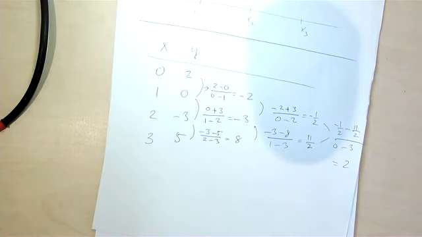Actually the process can be automatic. If you go to Moodle, there's a MATLAB function that allows you to compute this divided difference table very quickly. This one is the function that computes the divided difference table, and you can download these files.